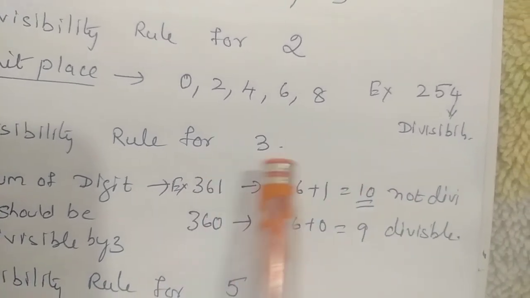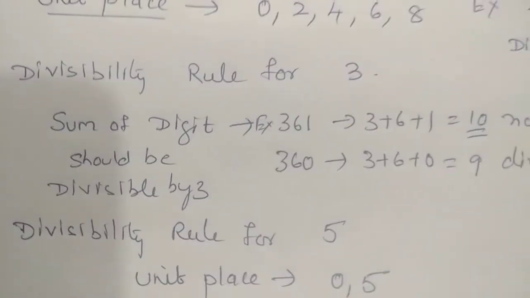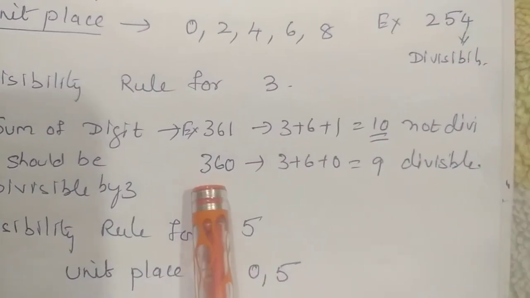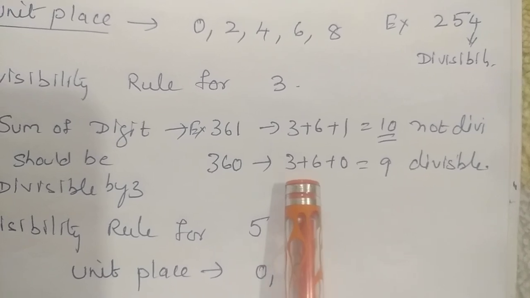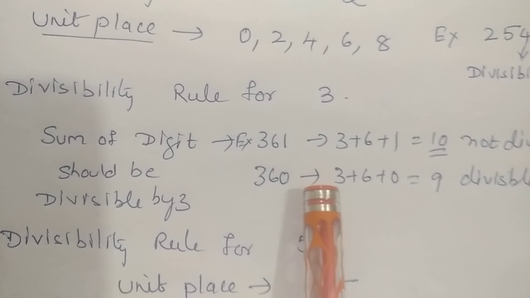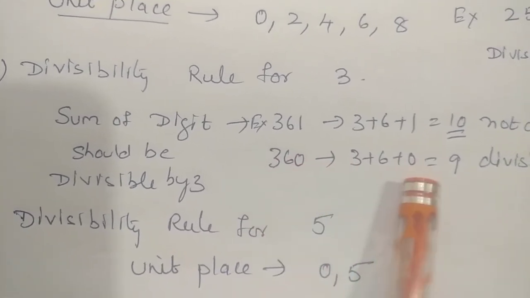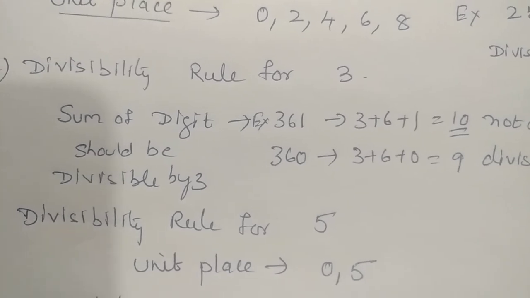Is 10 divisible by 3? No, so it is not divisible. Similarly, if you take 360, you get 3 plus 6 plus 0, which is 9, so it is divisible by 3. This is how we test for 3.